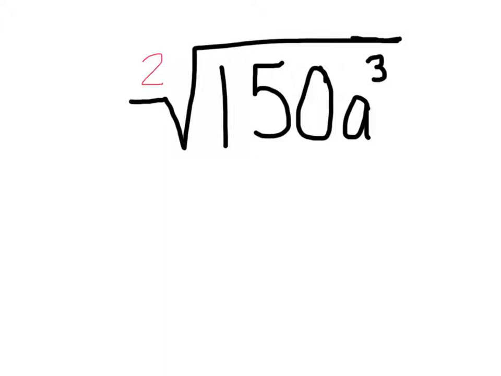All right, so when we break down this 150, we're going to look for sets of how many numbers? 2, whatever that index is. So let's break down 150. What can we break 150 down into? 10 and 15. What can we break 10 down into? 2 and 5.